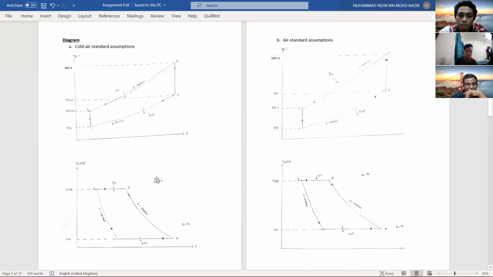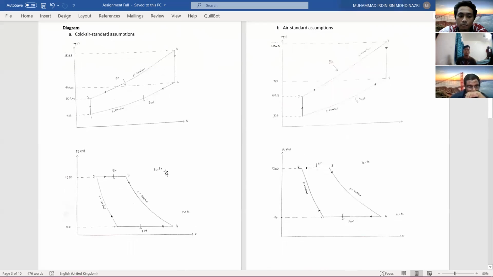For the pressure part, both assumptions have the same values. For points 1 and 4, the pressure is 120 kilopascal. For points 2 and 3, it is 1200 kilopascal.